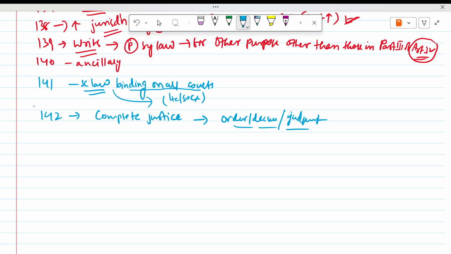Huge powers are given in 142. That is 142 clause 1 actually. Under 142 clause 2, it can call any person and it can ask for any document, any evidence. So for 142, mainly remember this one, complete justice. To do complete justice, the Supreme Court can issue any order.